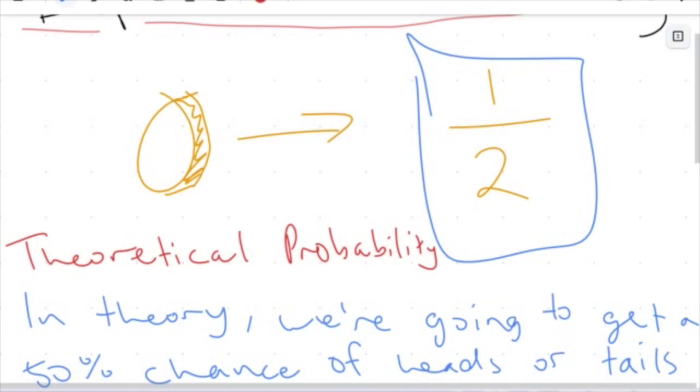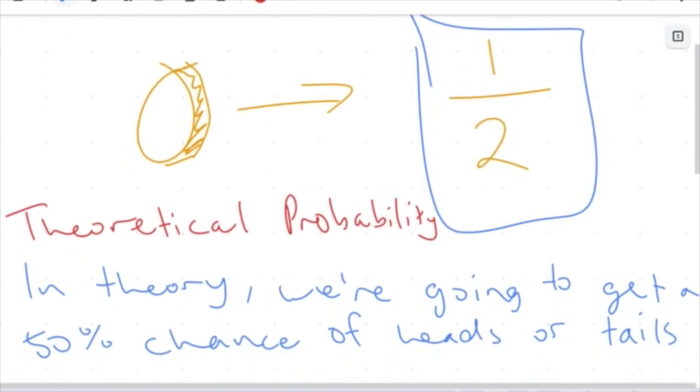This is an estimate, right? So this is saying that in theory, if you were to flip a coin, you're going to get a 50% chance of getting a head, for example. So we can use this idea to make predictions, right? Probability is all about making predictions.